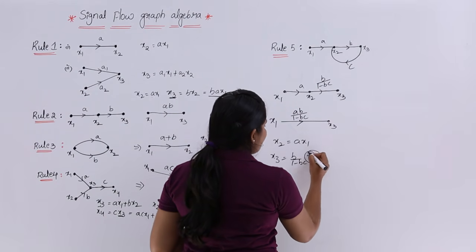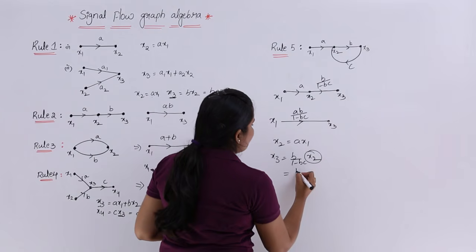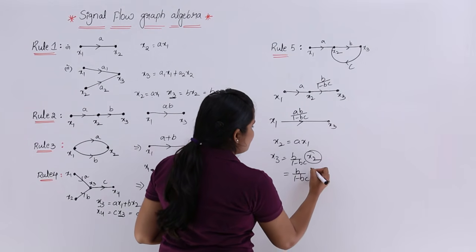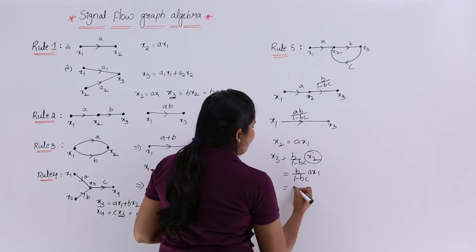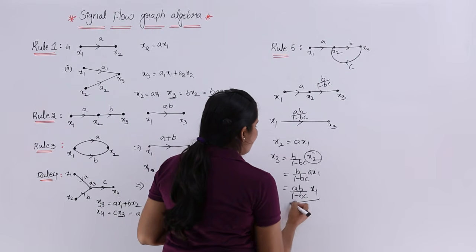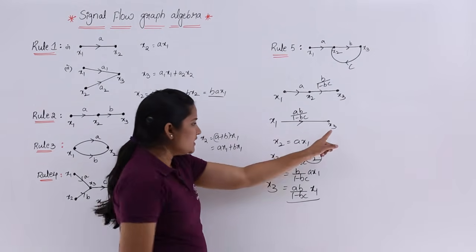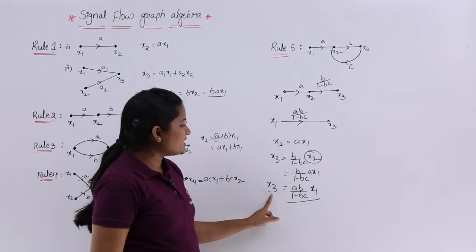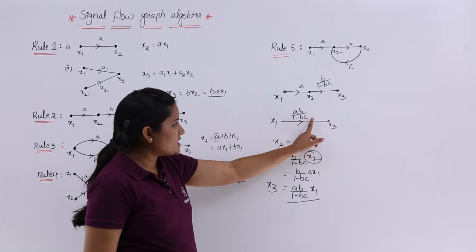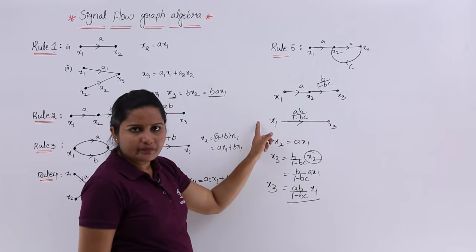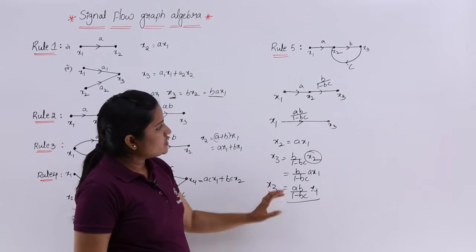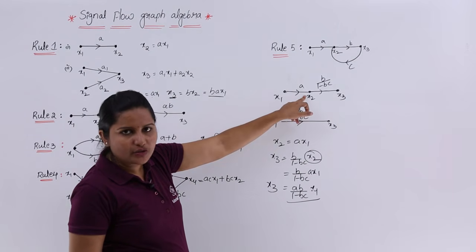In place of x2, I can substitute a x1. So ab by 1 minus bc into x1 will be your x3. So here you can observe x3 is equivalent to AB by 1 minus BC into x1. You are getting the same. So here I applied rule number 2 again.